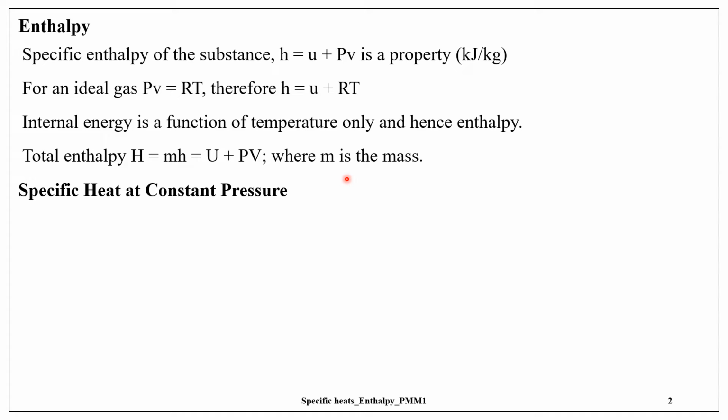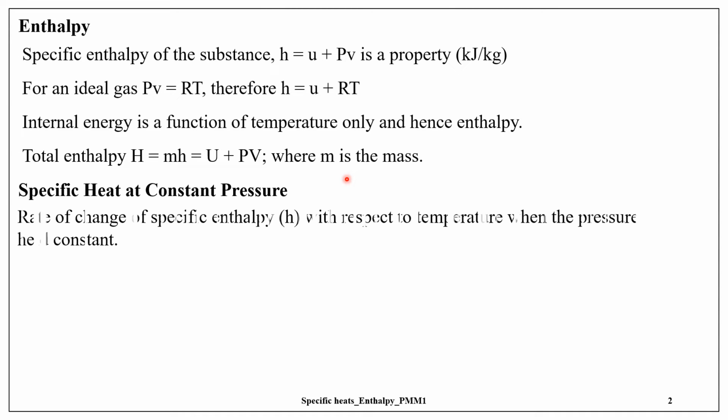Now we are going to define a term called specific heat at constant pressure. So what is the definition? It is the rate of change of specific enthalpy h with respect to temperature when the pressure is held constant.